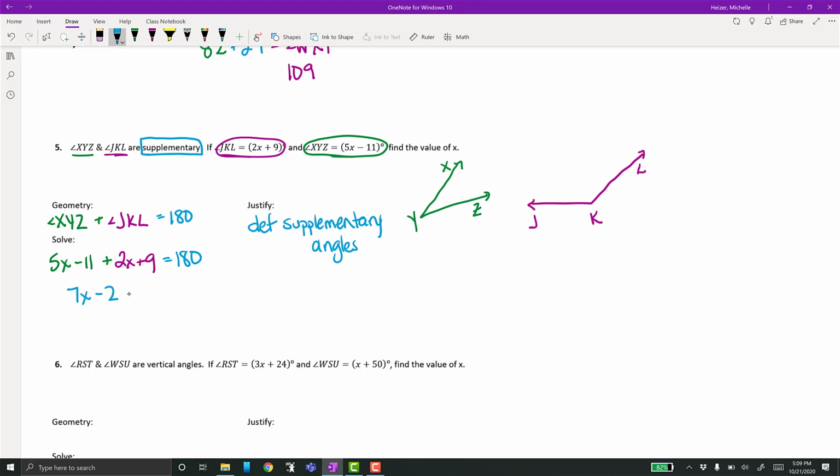So 7x minus 2 equals 180. And then I'll add 2. 7x equals 182. And then divide by 7. So 7 into 182. So x equals 26 degrees.